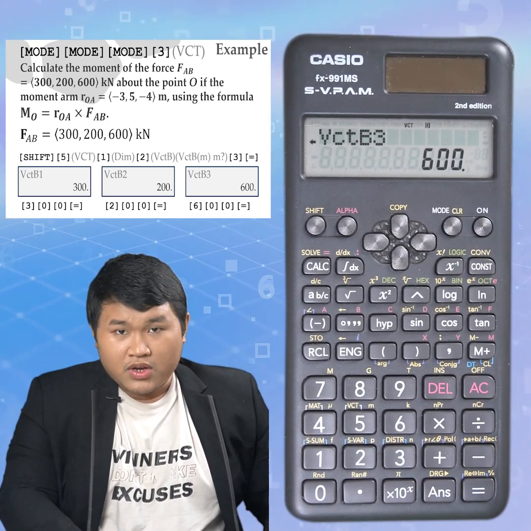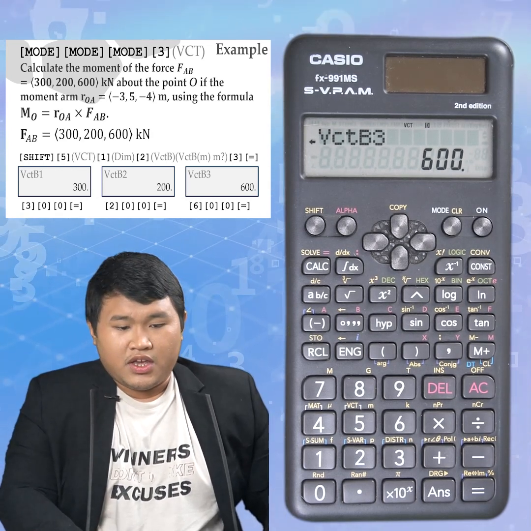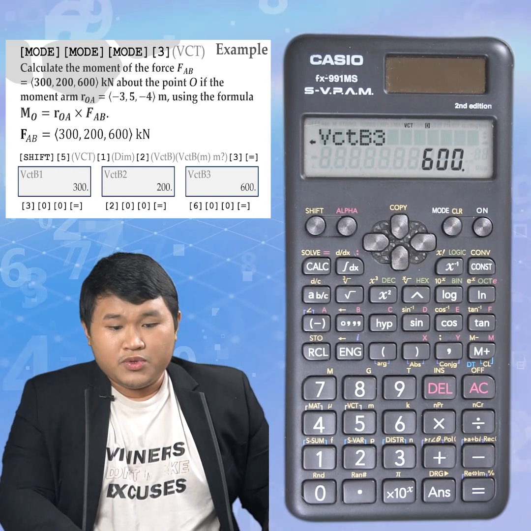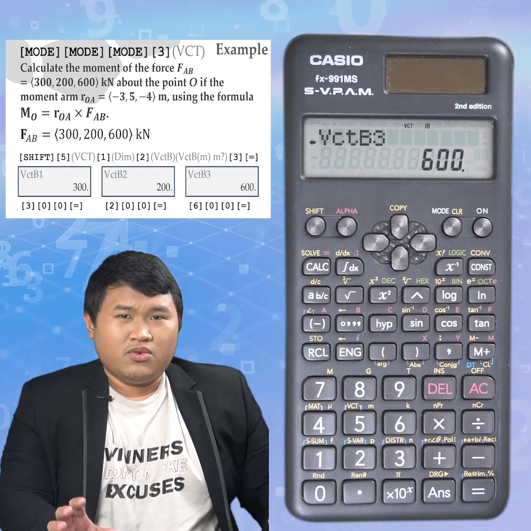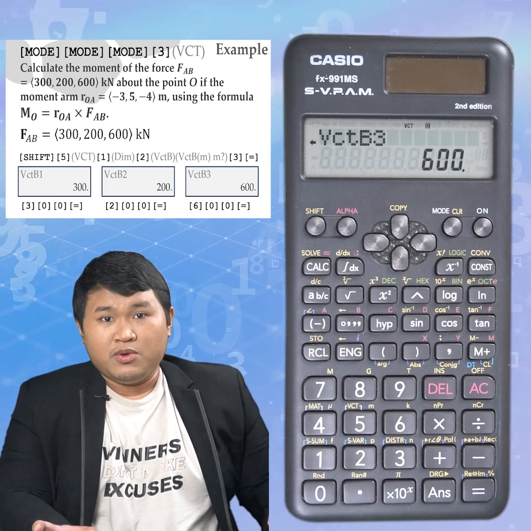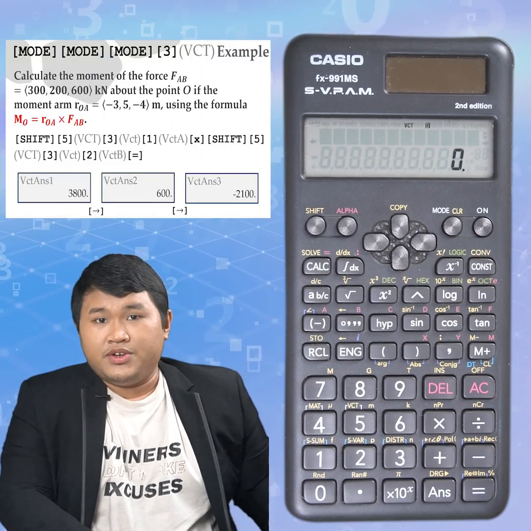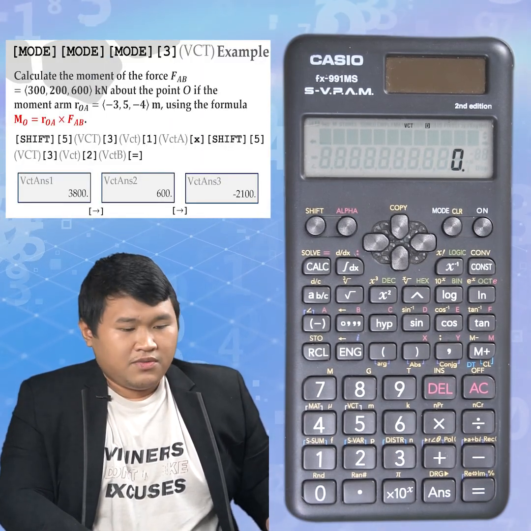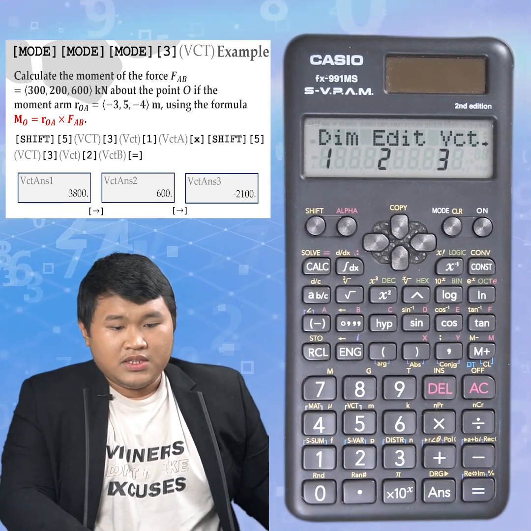Now we can calculate the cross product of the two vectors R and F. So that's the formula, R cross F. Now, to input the cross product, it's straightforward. All we need to do is to access those vectors to be able to use them in the calculator. So let's press AC first to clear the screen, and then let's access the vectors A and B from the calculator. So Shift 5 again, and then 3.